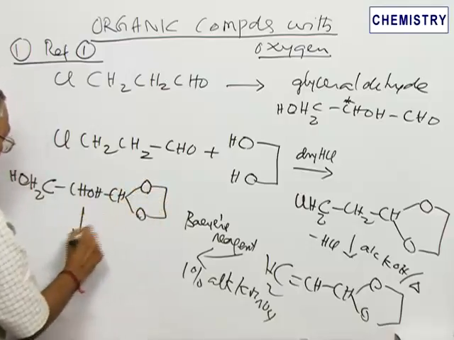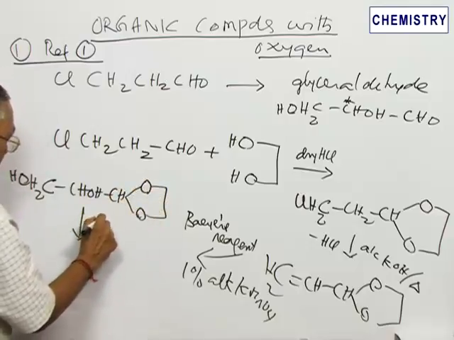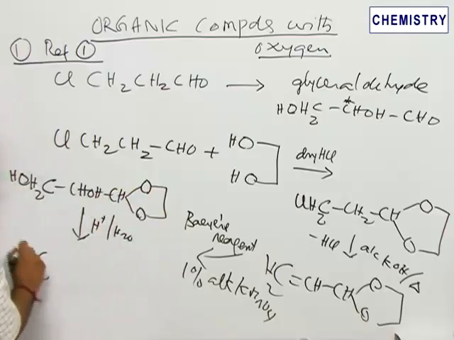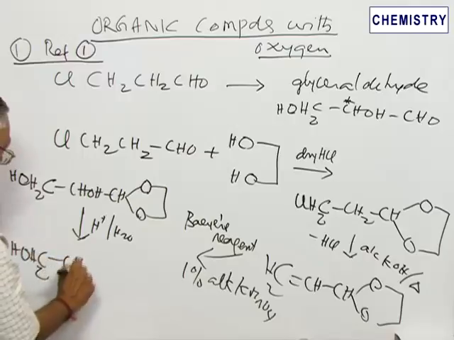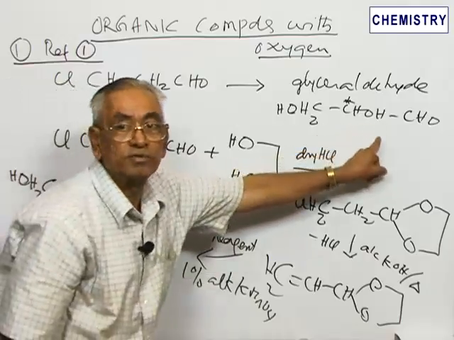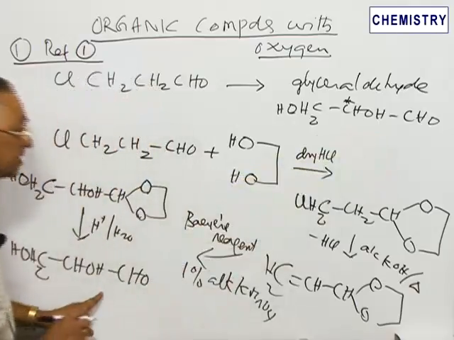When you hydrolyze this, simply treating it with water under acid conditions, this will become a free aldehyde: CH2OH, CHOH, and then CHO. This is exactly the molecule which we want to get here. This is the target molecule.